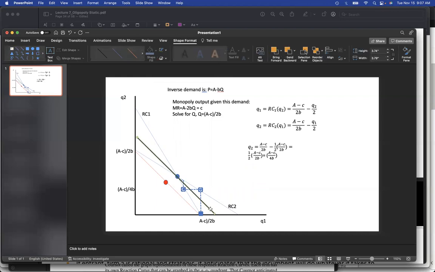So first of all, do you see that the green line is higher than the red line? Yes or no?